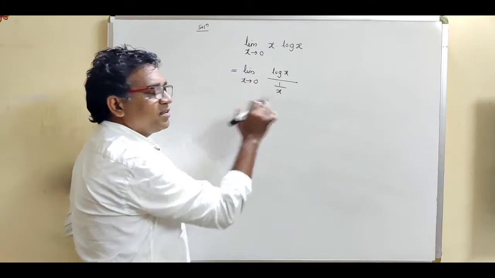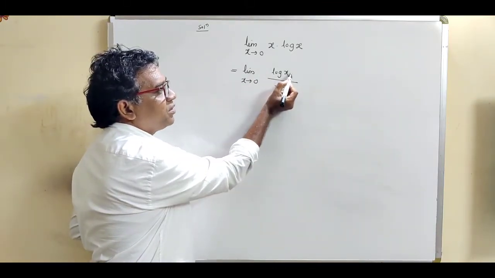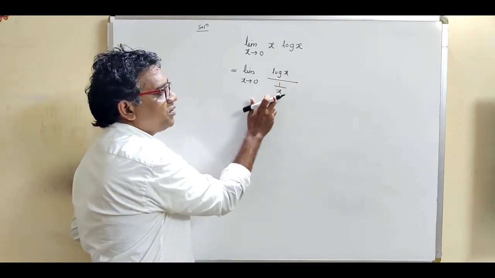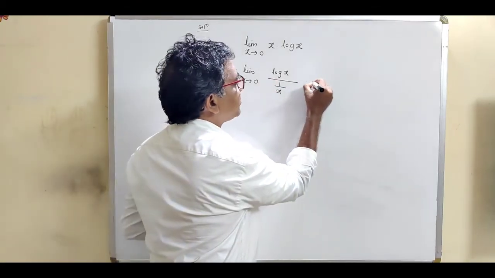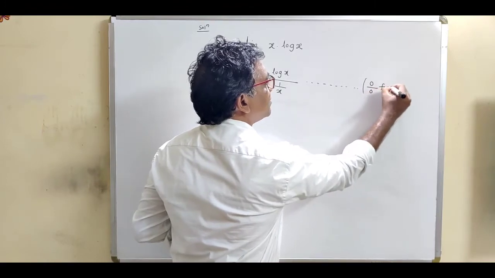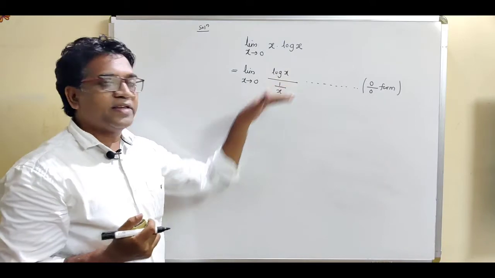Now obviously this is the division form. If we put x equal to 0, then log 0 is infinity. Put x equal to 0 in the denominator, then 1 upon 0 is again infinity. So this is the proper form, infinity upon infinity form.